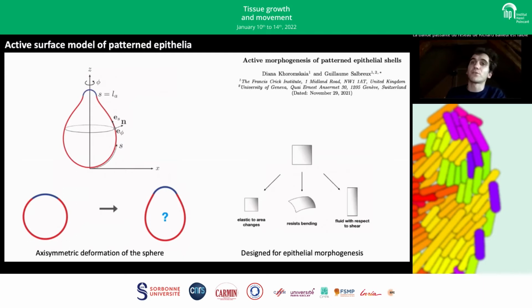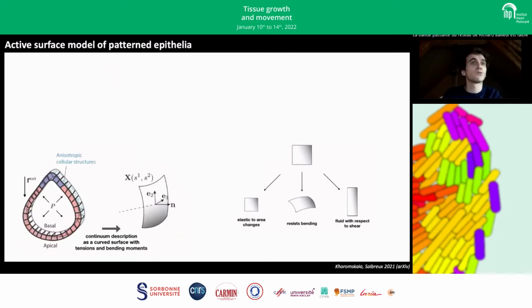And also, this is a model that is designed for epithelial morphogenesis. So in particular, the model tissue is elastic with respect to area changes, resists bending, and is free with respect to shear.